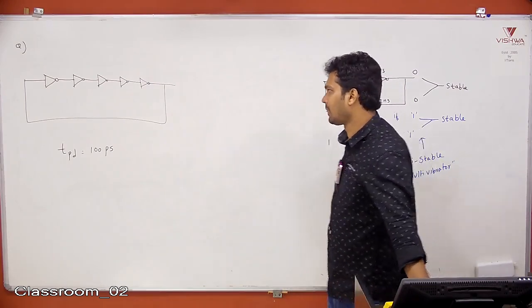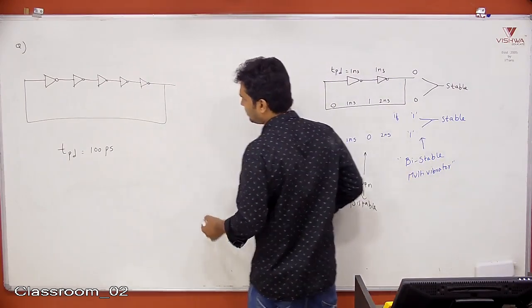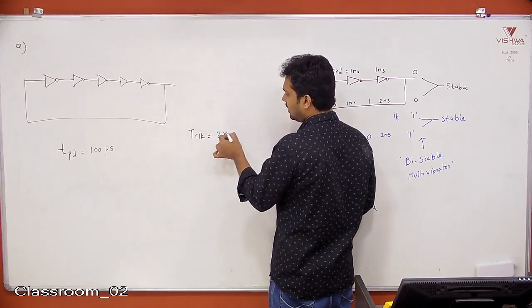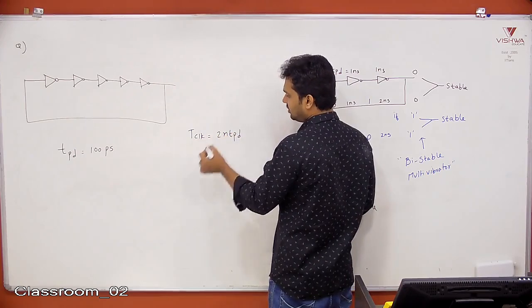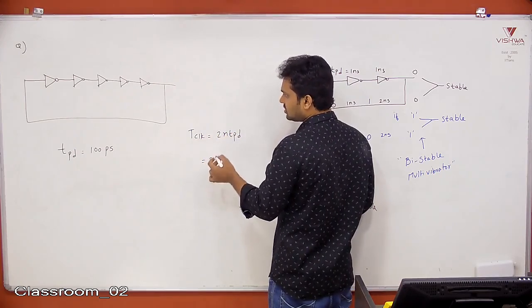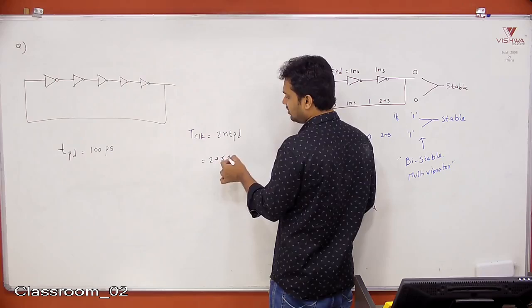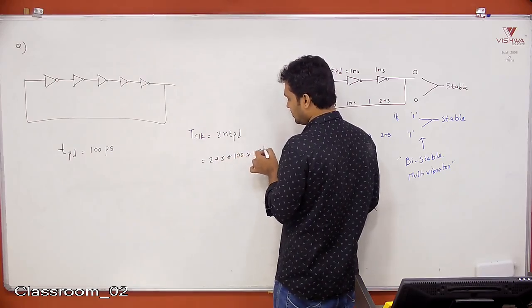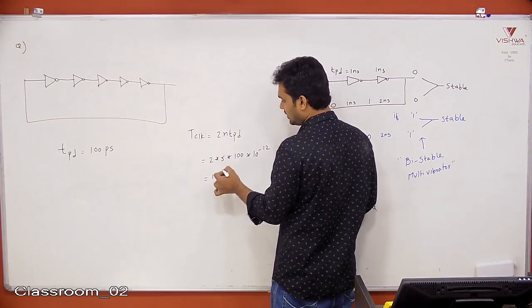Listen. Direct formula. What is our time period of the clock formula? Just now we discussed 2n TPD. 2 into n, how much is n here? 5, into TPD, is 100 into 10 power minus 12, which is 10 power minus 9 seconds.